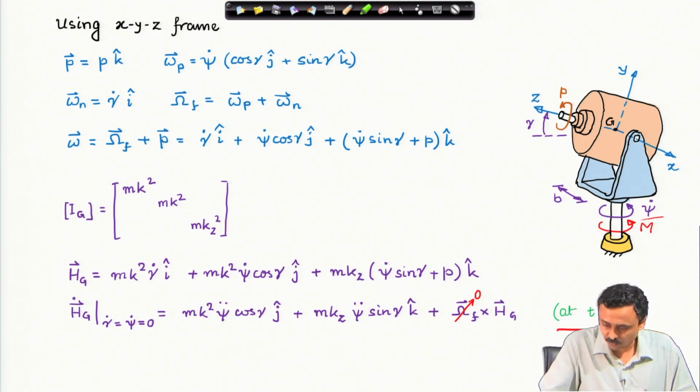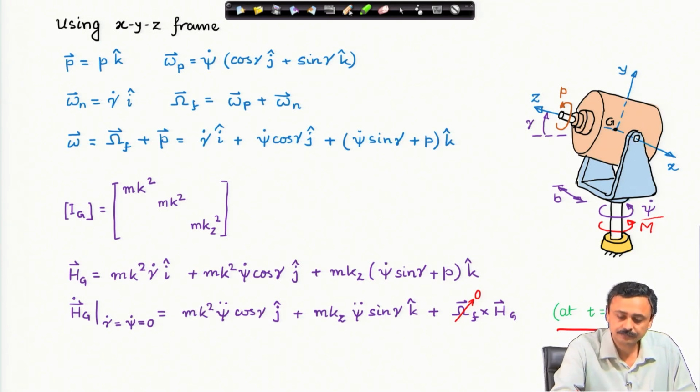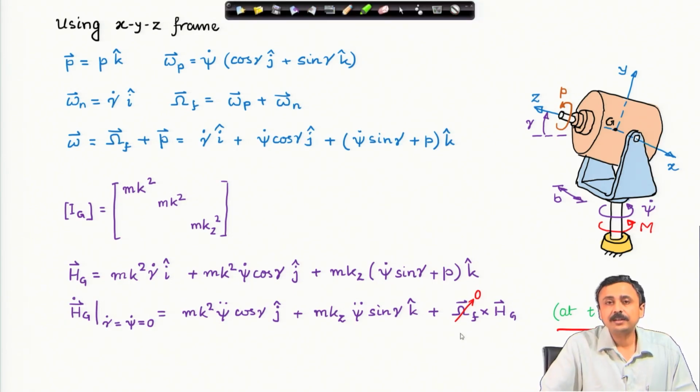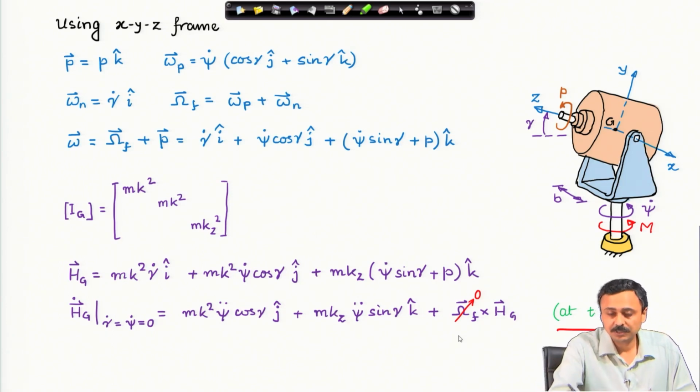This is only at t equal to 0 plus, just after the moment is applied. So, this analysis is valid only at time 0 plus. And we find that the frame angular velocity at 0 plus is 0.